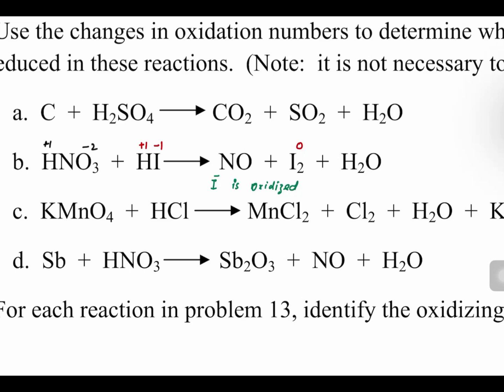In this compound you have 3 oxygens, so it would be -6. So -6 and +1 gives -5.